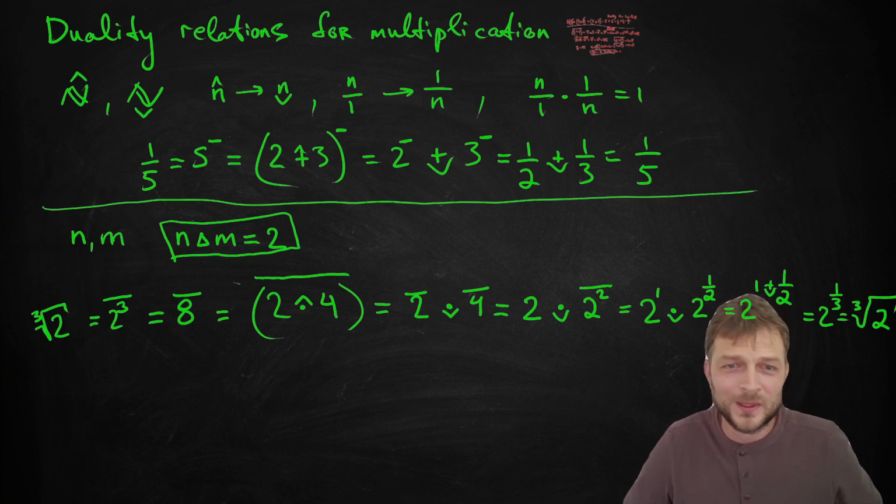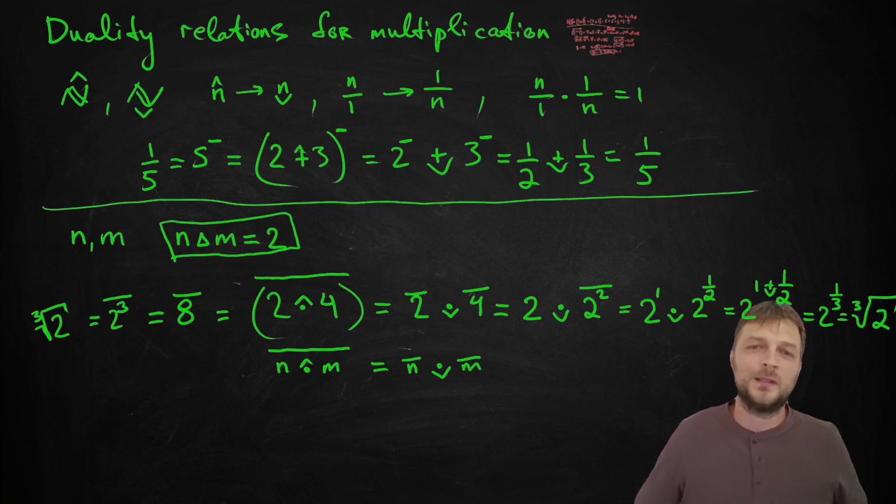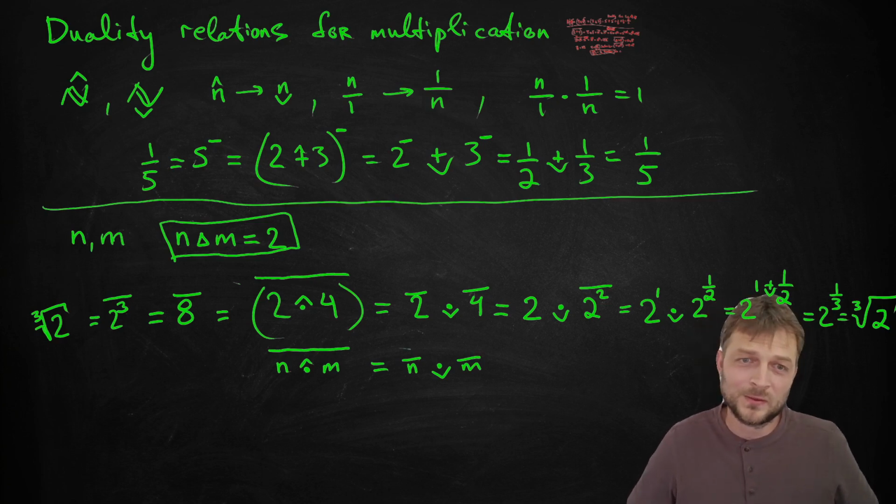In general, we can write that dual of n, m is equal to dual n, dual multiplied by dual m. Duality here is in the sense of the triangle operation and with base 2.